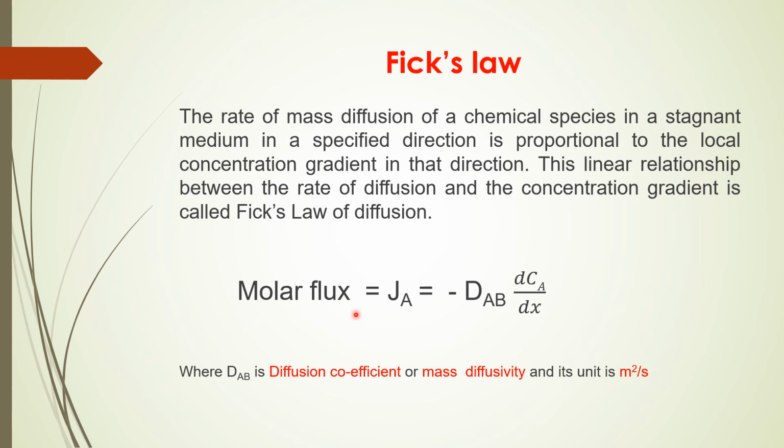So the molar flux JA is directly proportional to dCA by dx, and the proportionality constant is DAB. We can write molar flux JA equal to minus DAB into dCA by dx, where DAB is the diffusion coefficient or mass diffusivity, and its unit is meter square per second.